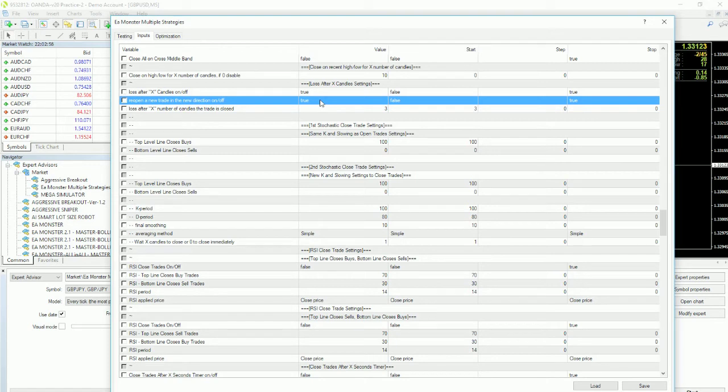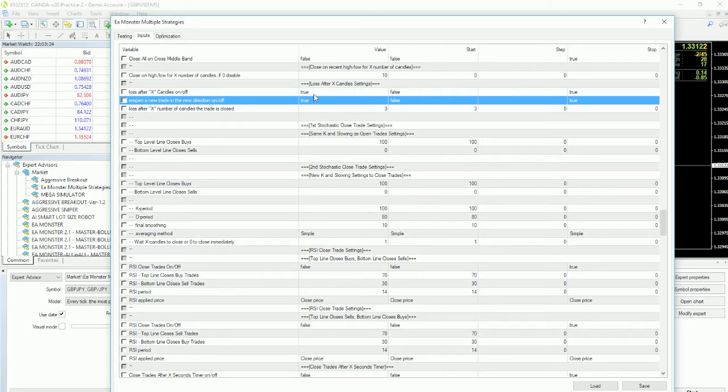Now, if you set this up to open a new trade in a new direction, this is another experiment I had. It closes, okay, let's open another trade, so I'm automatically going to open another trade in the other direction. I haven't experimented with this recently with a sniper kind of attitude. I might actually test this out using some sniper ways with different time frames.